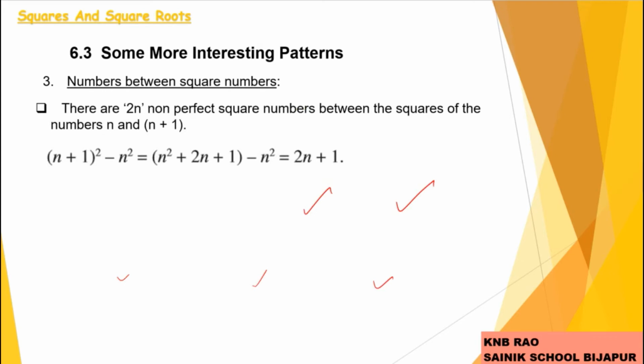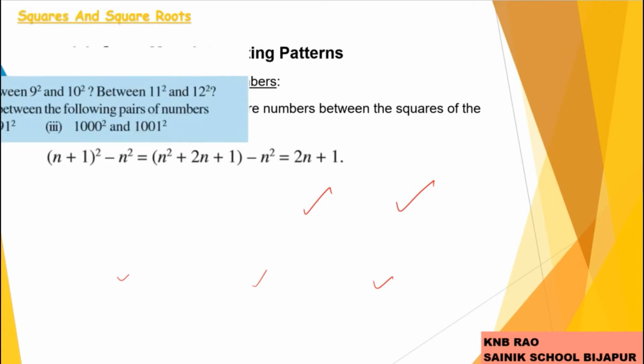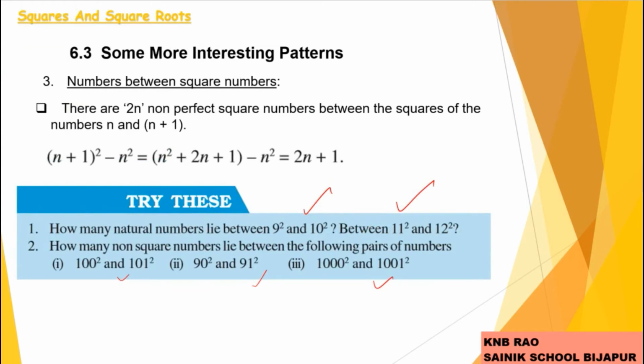This is what we learned yesterday, and I gave you this. Try this. How many natural numbers lie between 9 square and 10 square? 9 square is 81 and 10 square is 100. Between them, how many are there?